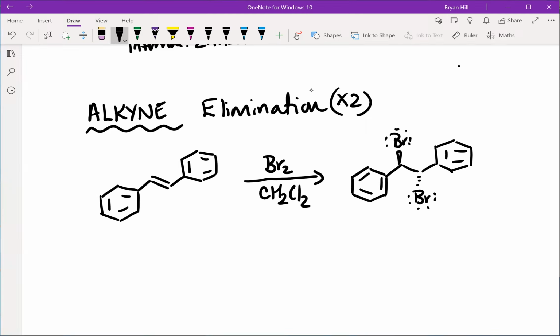Then if we were to treat this with two equivalents of base, say methoxide in excess, we would do two elimination reactions.